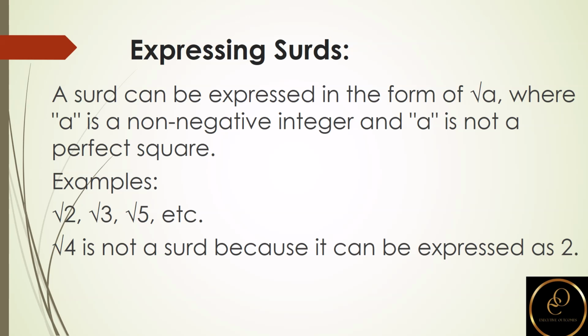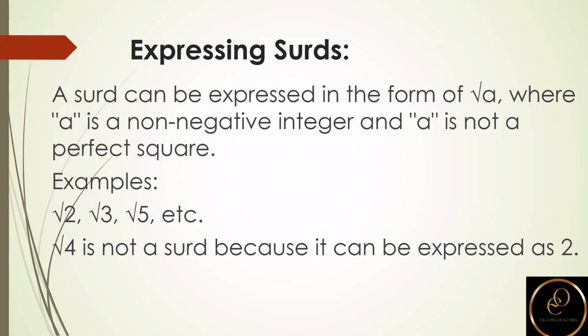As I've already pointed out, a Surd can be expressed in the form of root of a, where a is a non-negative integer and a is not a perfect square. When you talk about perfect squares, we are talking about figures like 4 and 16.